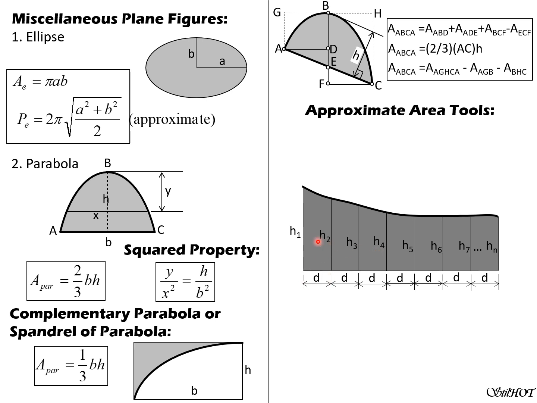Next, 1/2 of h2 plus h3 times d. So we notice that the intermediate offsets, intermediate heights, are used twice. That's why the formula becomes, factoring out d over 2, times quantity h1 plus 2 times summation of intermediate offsets, then plus h sub n. So you can easily derive this formula.